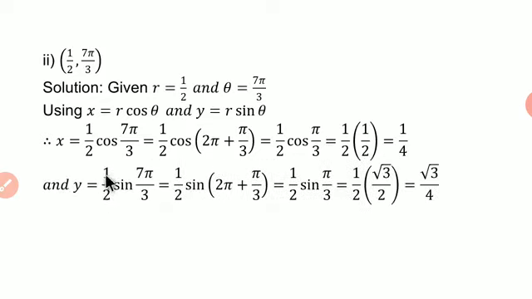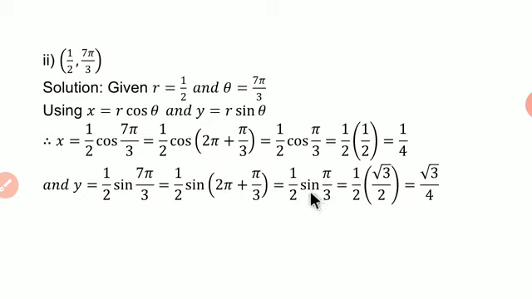And y is equal to 1 upon 2 sin 7 pi by 3. It is equal to 1 upon 2 sin of 2 pi plus pi by 3. Again the angle is in the first quadrant and sine function is again positive in the first quadrant, so we get its value as sin pi by 3. So it is equal to 1 upon 2 sin pi by 3.